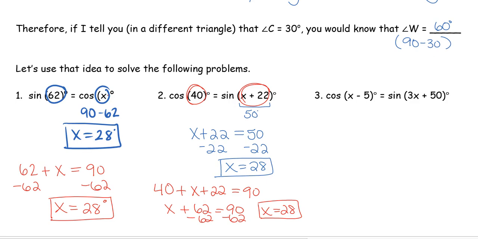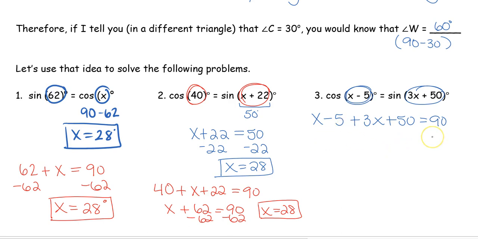Where it gets a little tricky is when we get to number 3. I don't know angle A or angle B. I don't know either of my acute angles, but I do know that these two angles have to be complementary. So I know that this angle plus the other acute angle has to equal 90. In 1 or 2, you had two different ways you could solve this.